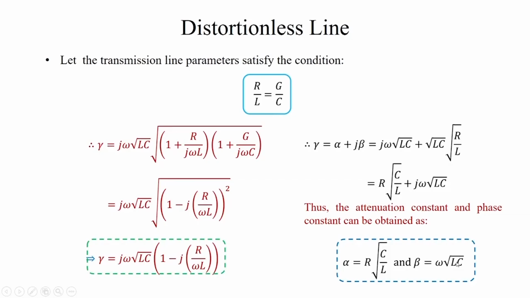Similarly, the phase shift beta, being a linear function of omega, will result in a phase velocity which is the same for all the frequency components of the signal. So, the signal waveform will not get distorted, and that is why we call this type of transmission line, having the property R by L equal to G by C, a distortionless line.